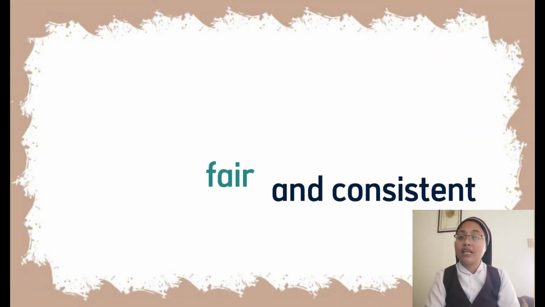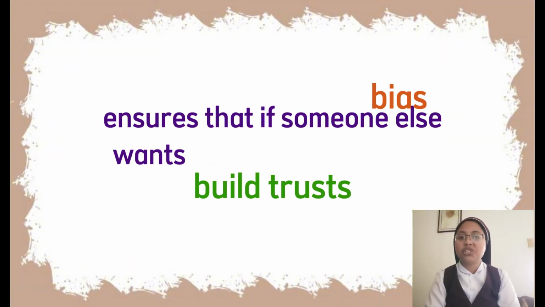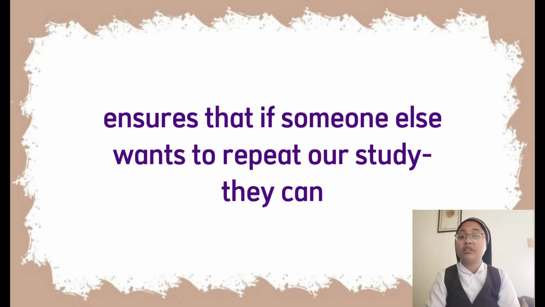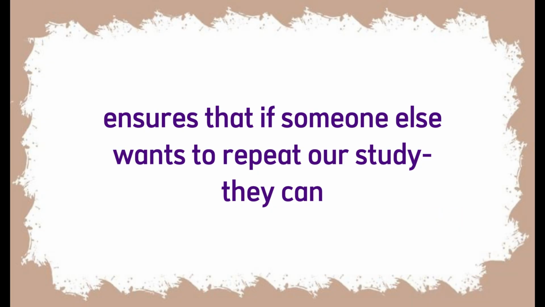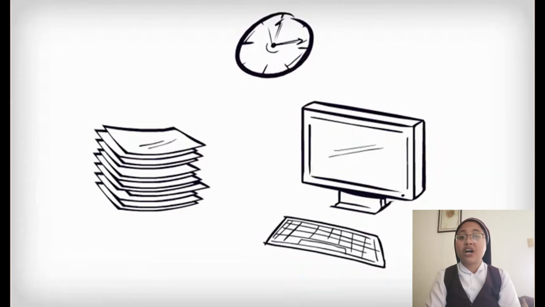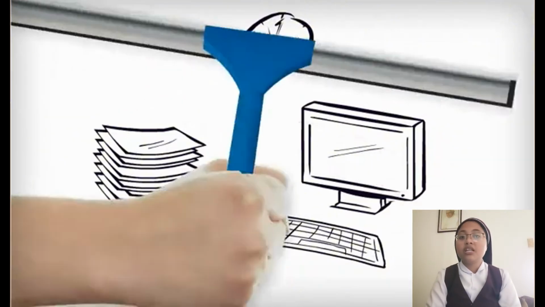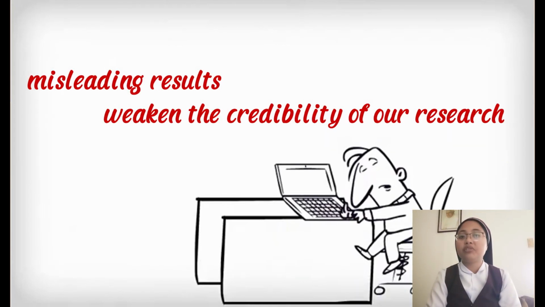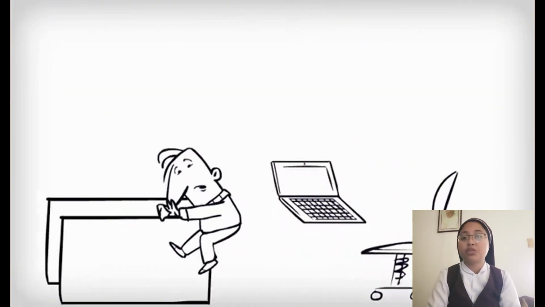It prevents bias, builds trust, and ensures that if someone else wants to repeat our study, they can. If we skip steps or gather data carelessly, it can lead to misleading results that weaken the credibility of our research. For me, this part really emphasizes how discipline in data collection leads to reliable and credible results.